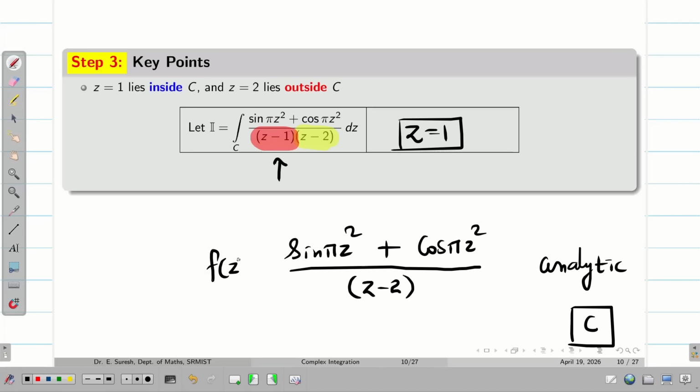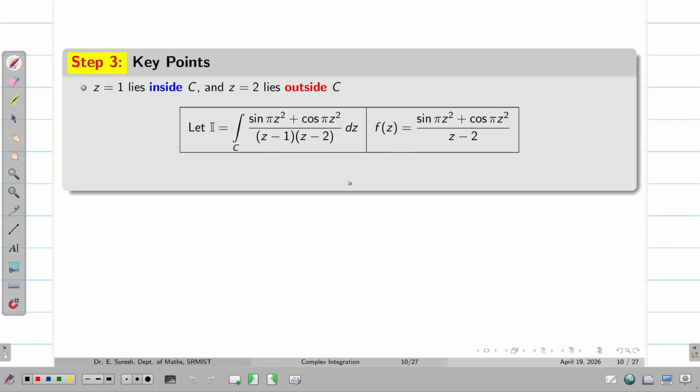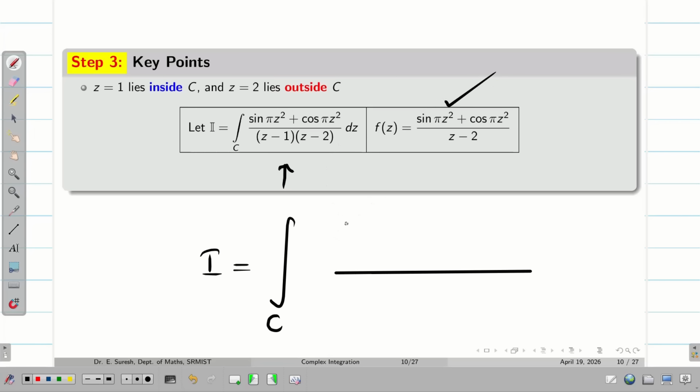So my capital F of z is simply sin pi z square plus cos pi z square divided by z minus 2. Now we have to rewrite my question. Capital I is equal to integral over C, where f of z is analytic. Always I keep f of z in the numerator: sin pi z square plus cos pi z square divided by z minus 2.